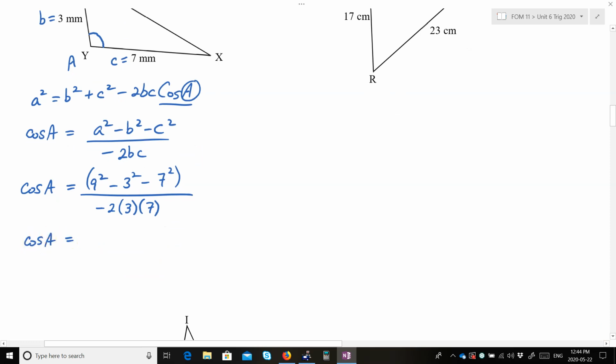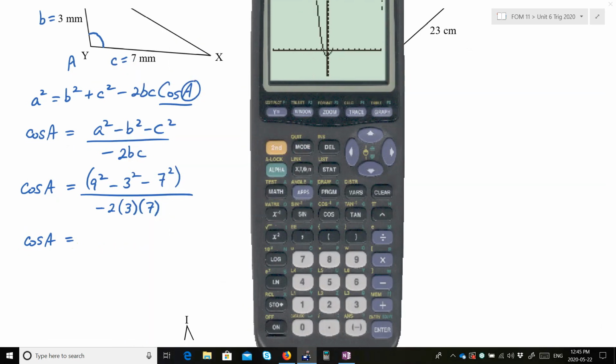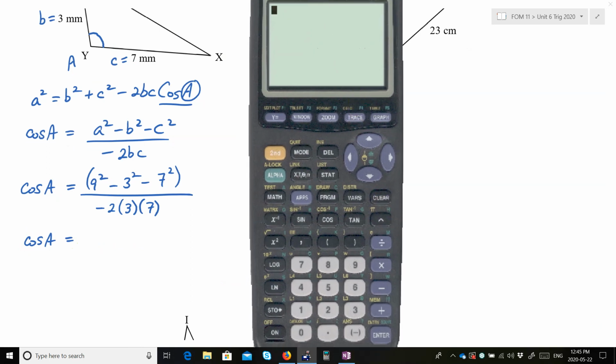So cos A is equal to, here's what we're going to have to do in the calculator. In brackets, 9 squared minus 3 squared minus 7 squared divided by, in brackets, negative 2 times 3 times 7. Close the brackets on the bottom, press enter.